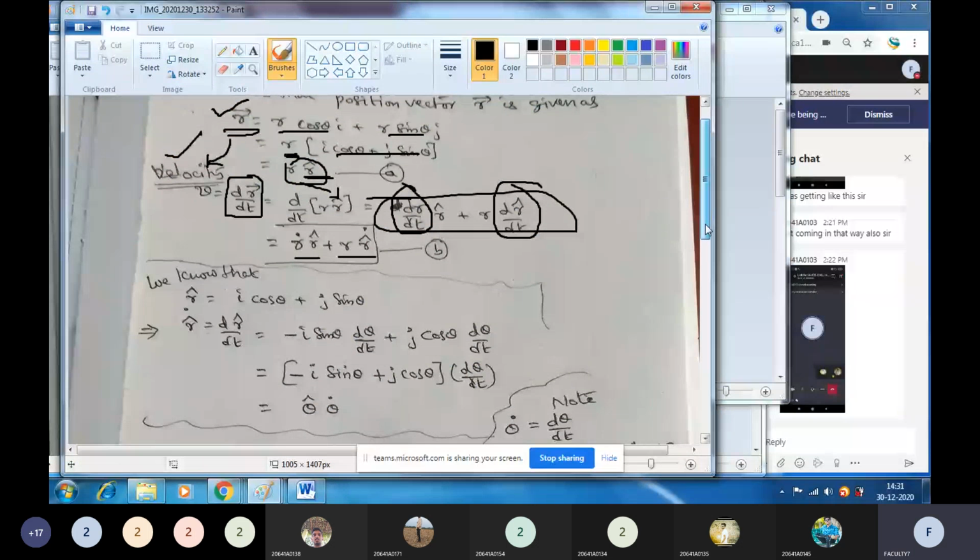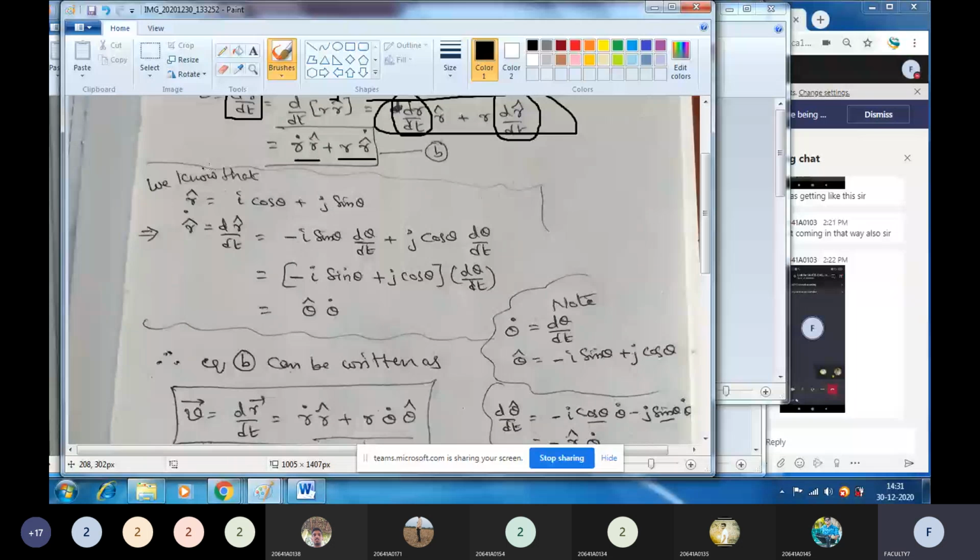Now the same thing here. This is r cap. Now what we are going to do here is find r cap dot.